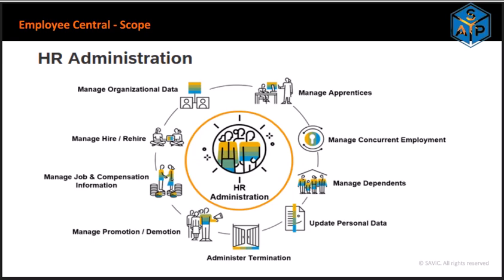Next we have manage job and compensation information. In an organization we don't only have the recruiting and onboarding process; for daily activity or business requirements, we also have to maintain all job and compensation information for all the resources we have.